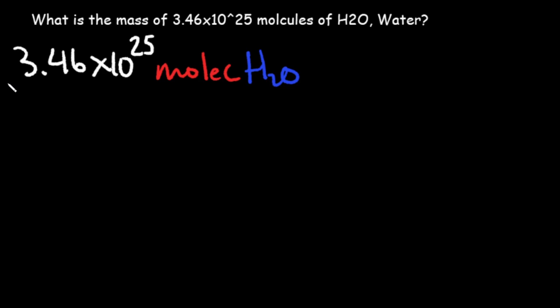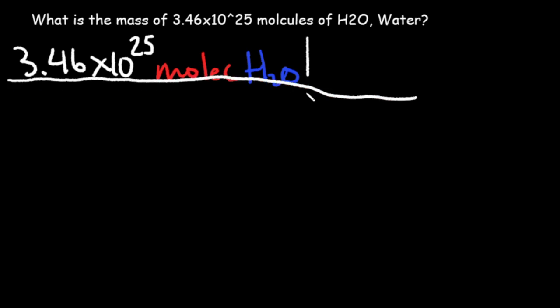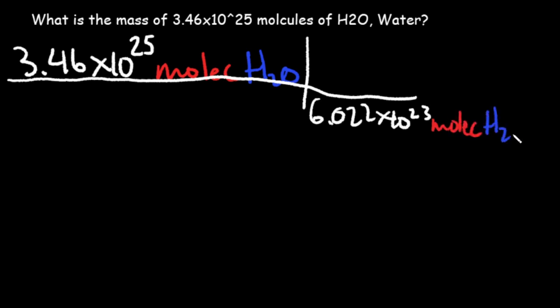First we need to divide by Avogadro's number. So 6.022 times 10 to the 23rd molecules of H2O equals 1 mole of water.